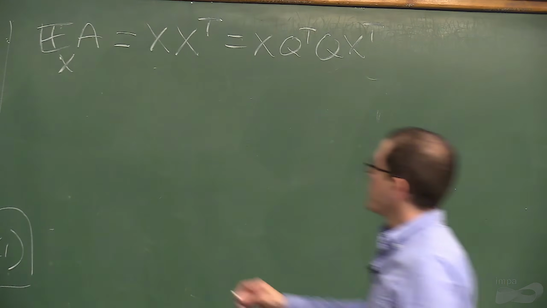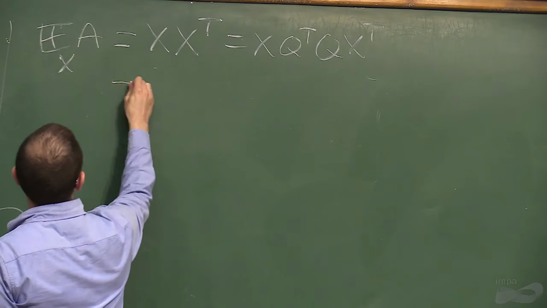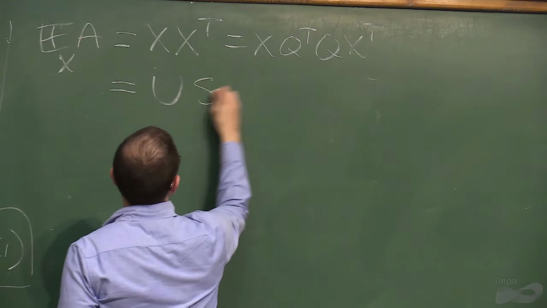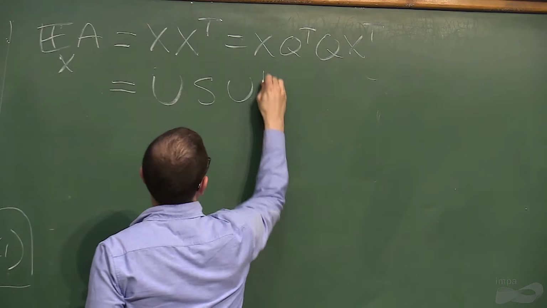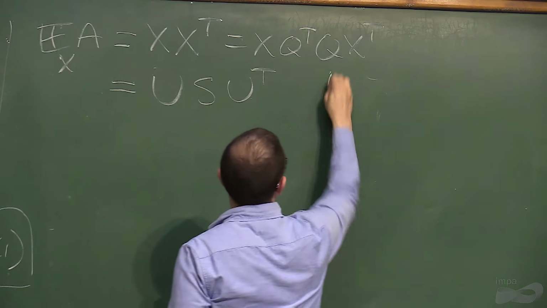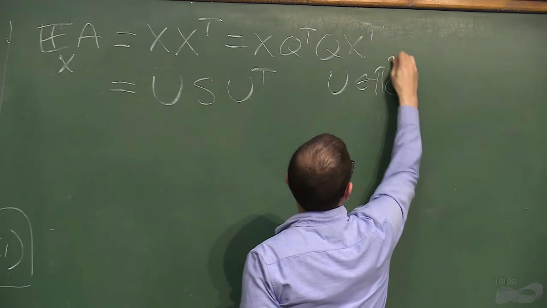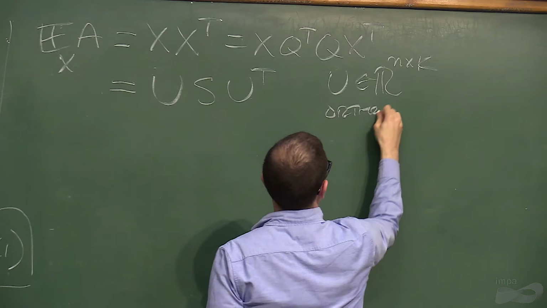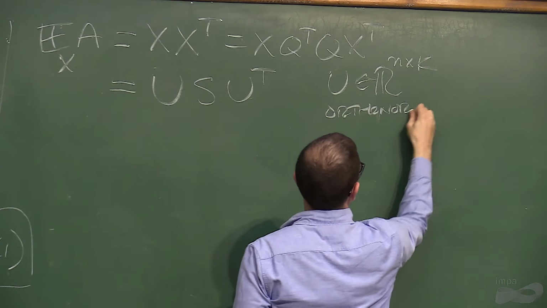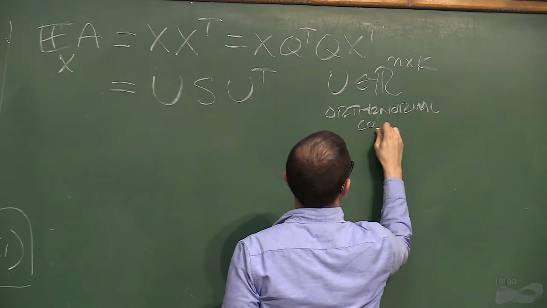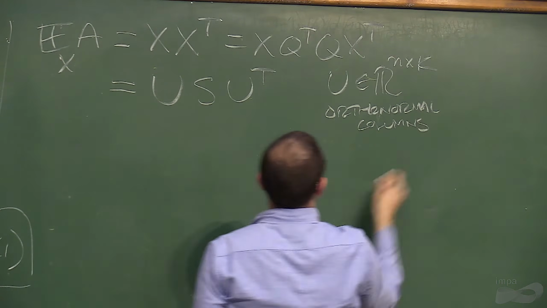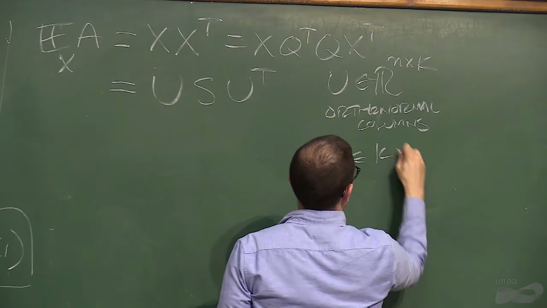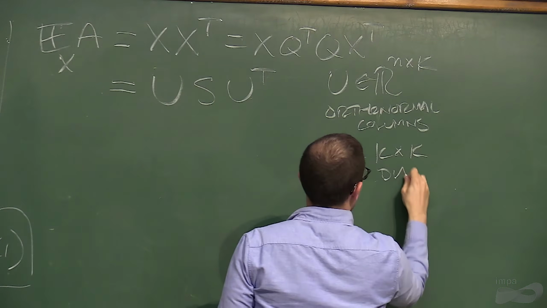So in particular, let's use the spectral decomposition on the expectation of A to write that this is U S U transpose. So here, U is n by k, has orthonormal columns. Okay, and S is k by k and diagonal.